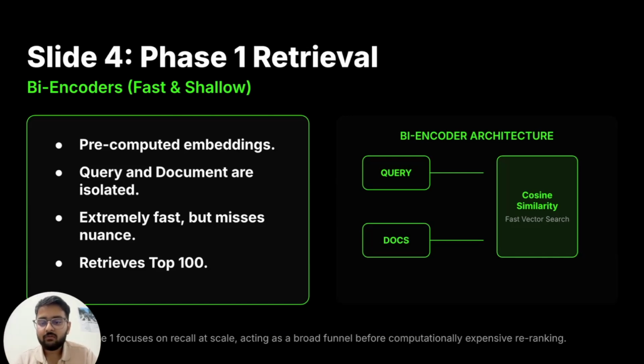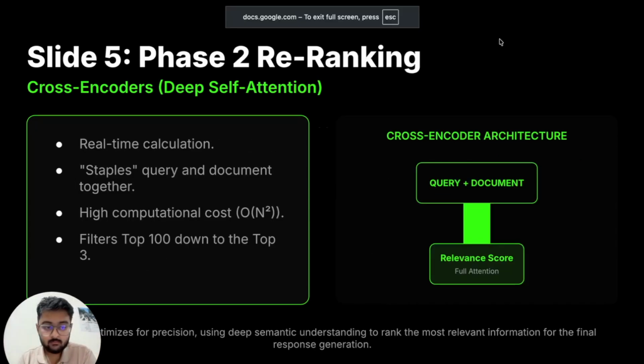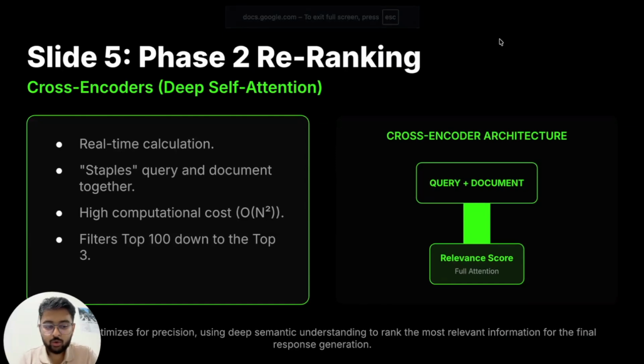But the problem with this Bi-Encoder is your question was passed separately and the database is passed separately, so they don't actually interact with each other. It is just vector mapping afterwards. So you can consider Bi-Encoders really quick but a little bit dumb.